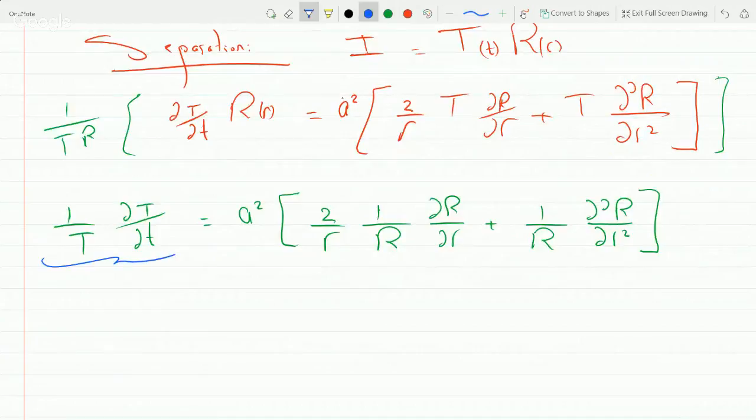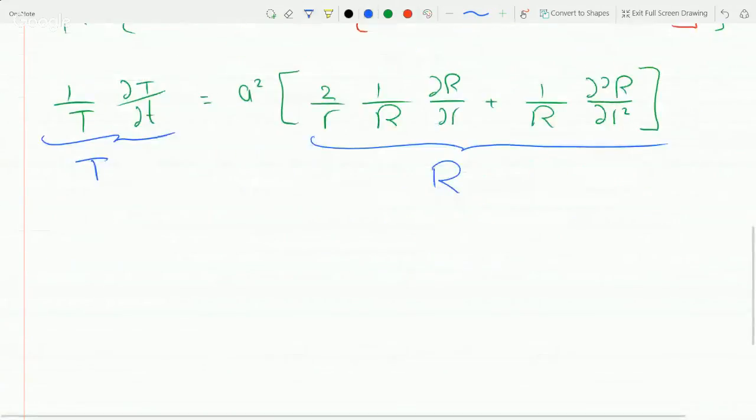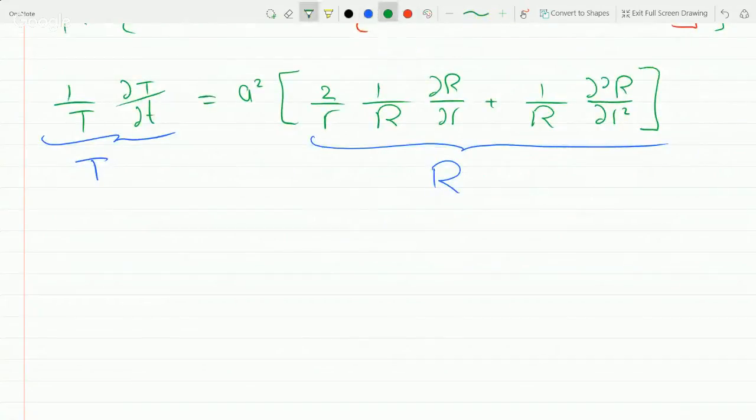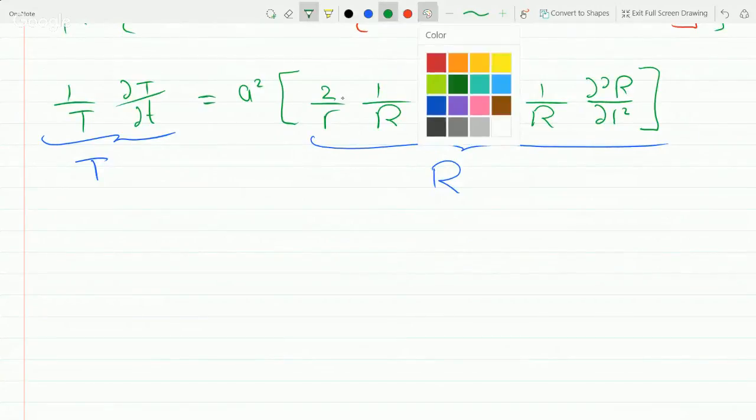Okay, this is a function of t alone, and this is a function of r alone. So each one has to equal a constant if they were to be equal. So that means we're going to go to the T equation.